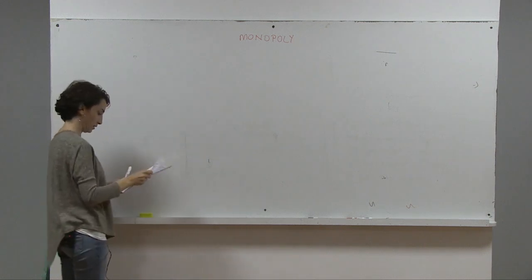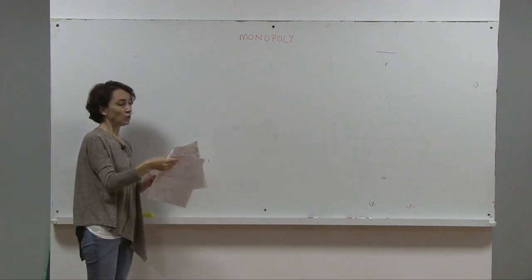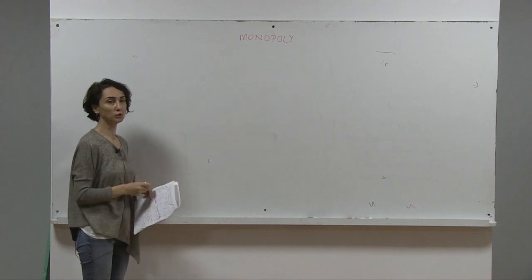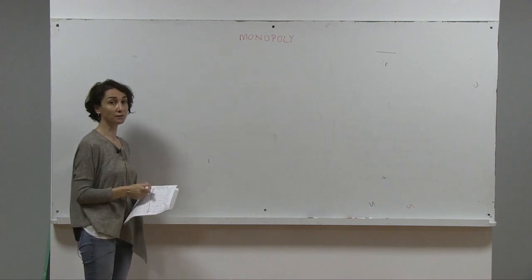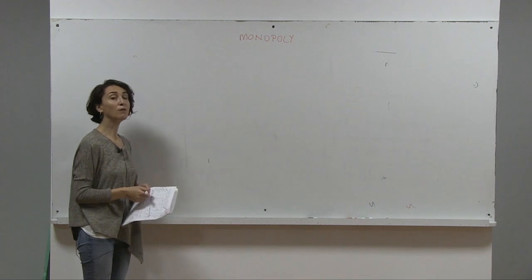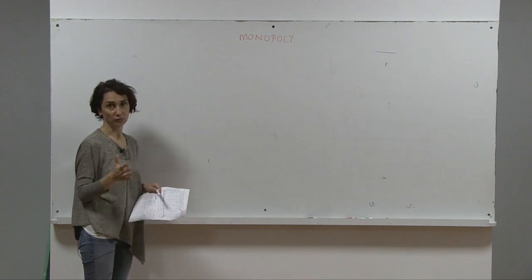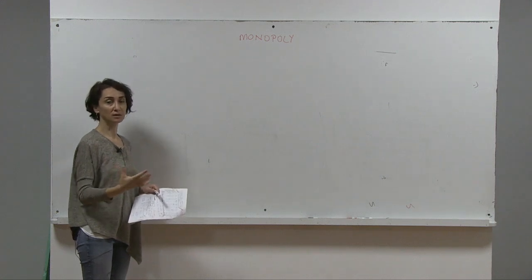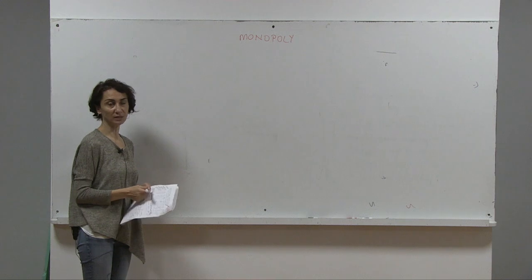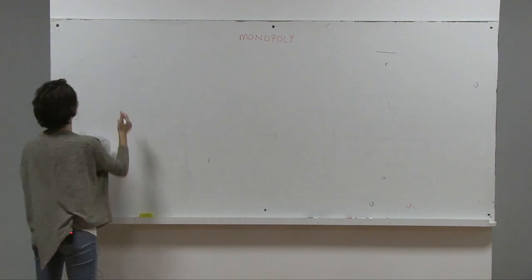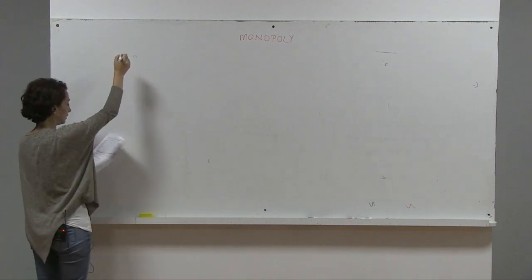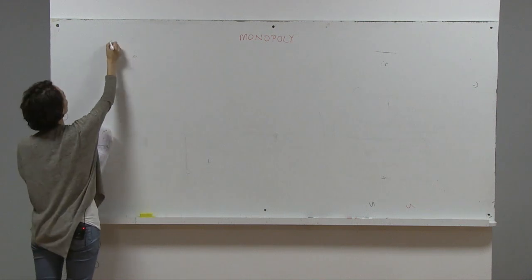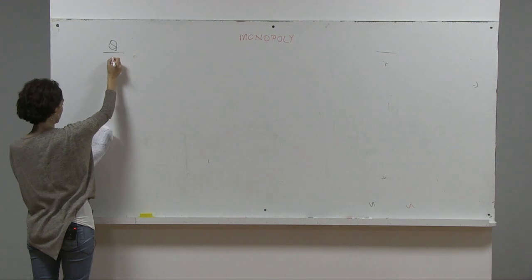So we said firms in a monopolistic market structure are faced with a downward sloping demand curve, which is the demand curve in the market, the aggregate demand curve in the sector. So I'm giving you, let's say, a downward sloping demand curve here.